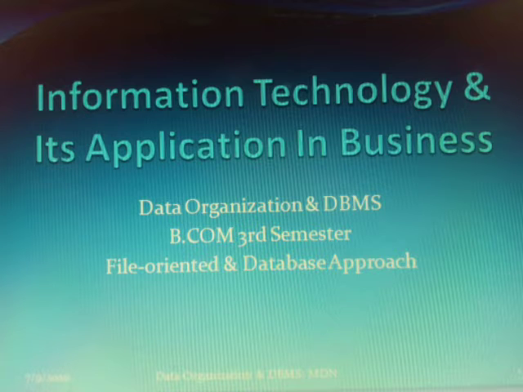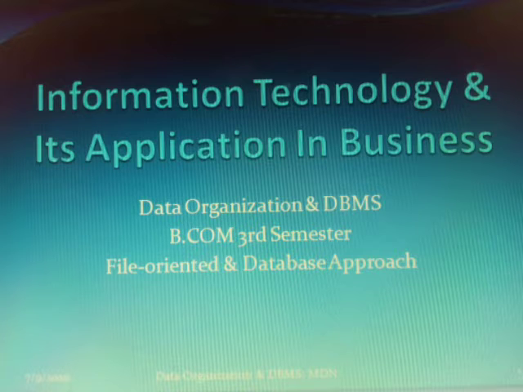Then what happened in file oriented data processing: each department had its own files that were designed specifically for those applications. Now, suppose there are three departments: academic department, library department, accounts department. Each of these departments will maintain a student's personal file, and in addition to this, the file which is necessary for their own departmental application.